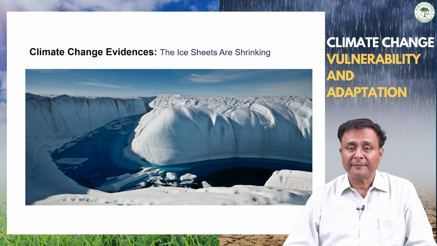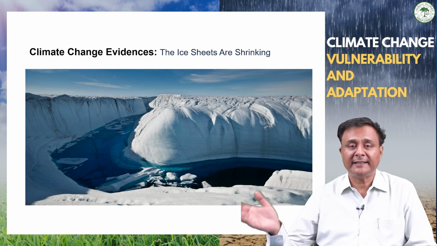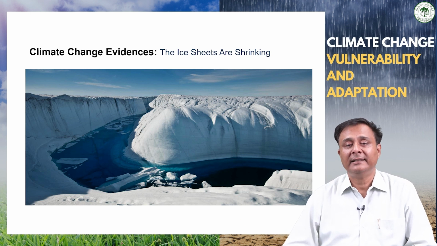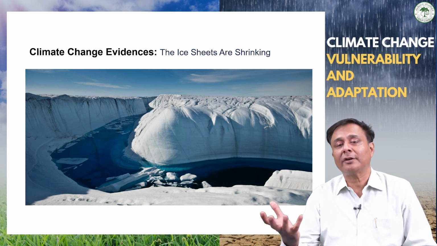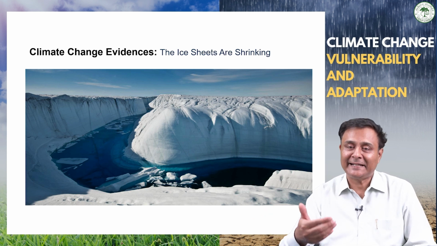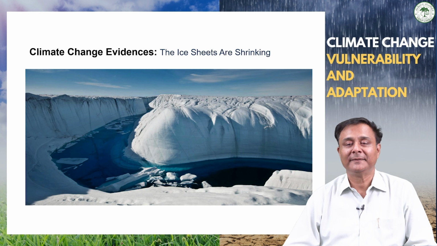It's quite massive. Not only Greenland, the southern pole, the Antarctica, lost about 150 billion tons every year. These are massive figures. This is important because the ice sheets of Greenland and Antarctica store about 2/3 of the fresh water on Earth. That's another dimension to this argument.